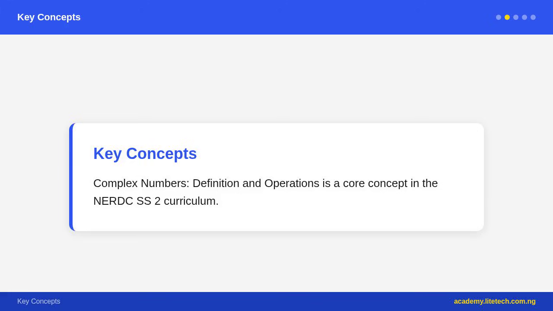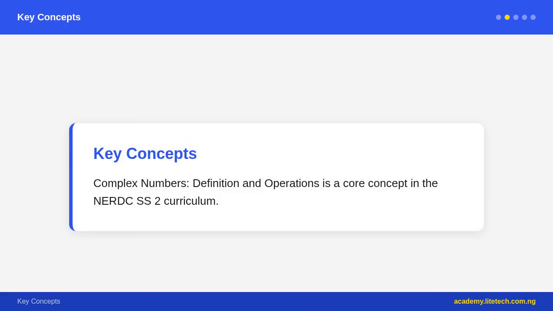Examples: (3 plus 4i) plus (1 minus 2i) equals (3 plus 1) plus (4 minus 2)i equals 4 plus 2i. (5 minus 3i) minus (2 plus i) equals (5 minus 2) plus (minus 3 minus 1)i equals 3 minus 4i.